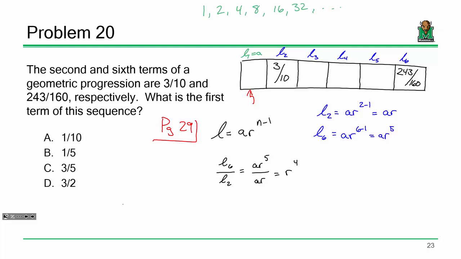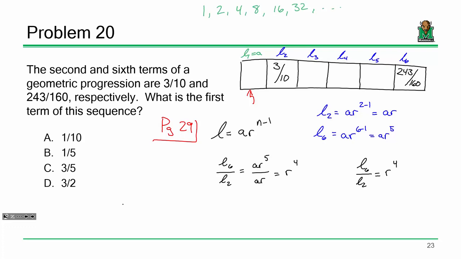To get from L4 to L3, you multiply by R again, so that's R squared. R to the 3rd, R to the 4th, right? So what I have determined is that L6 over L2 is R to the 4th. That's what I've determined, right?